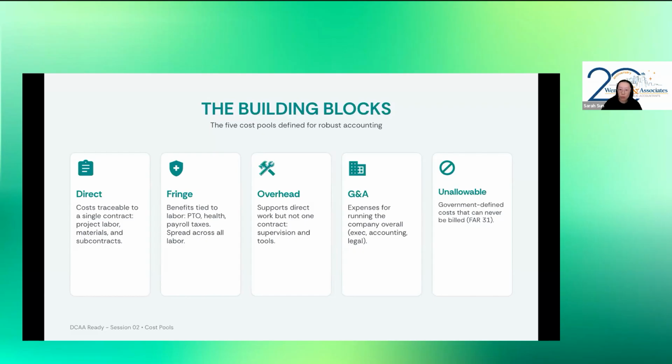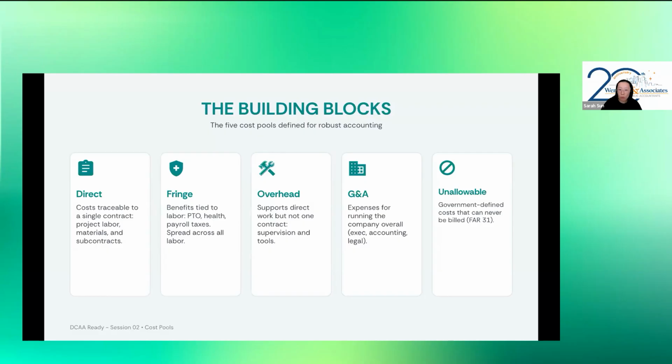The facilities expense pool is actually an intermediary pool for costs like rent, utilities, building maintenance, as well as depreciation. So those costs will eventually be allocated between the overhead and G&A pools based on how the facility is used. So that's more like an intermediary pool, where an adjustment will be needed later.